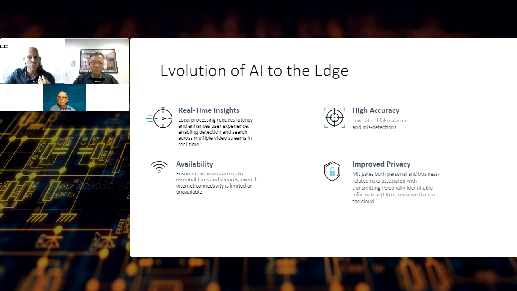And then you move on to high accuracy. Again, this sort of follows from availability. As I talked about, a lot of the use cases around AI rely on video data to supply the information needed to make determinations.